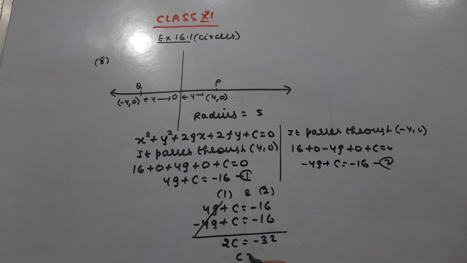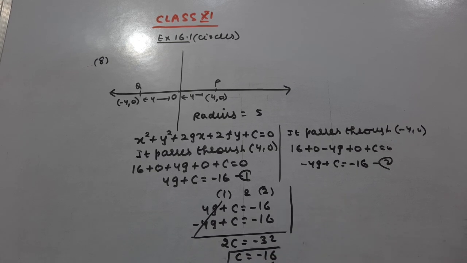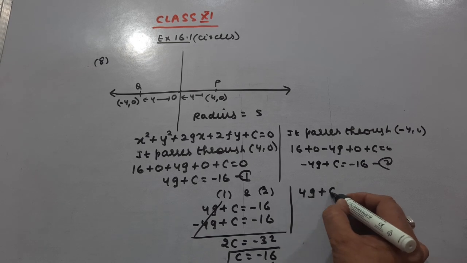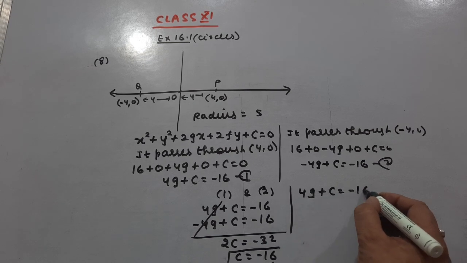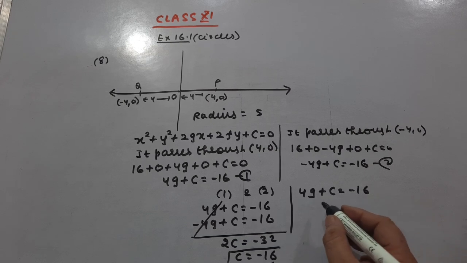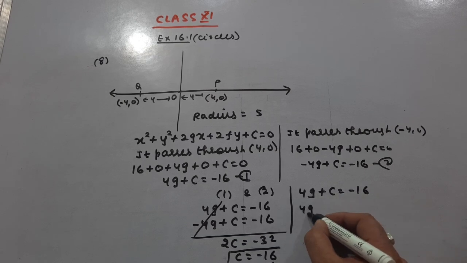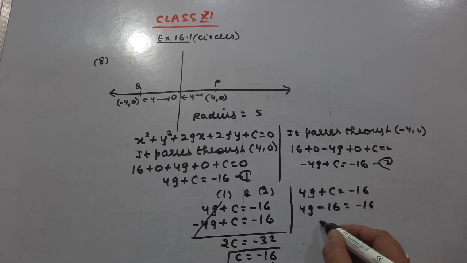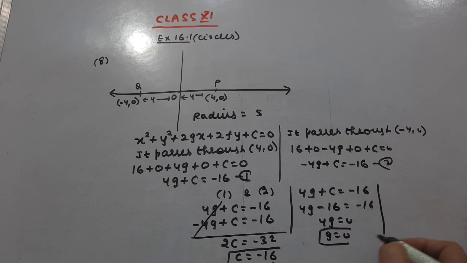So c equal to minus 16. We have the value of c. So 4g plus c equal to minus 16, putting the value of c, minus 16 equal to minus 16. So 4g equal to 0 and g is also equal to 0.